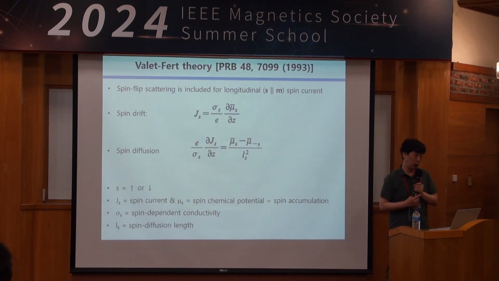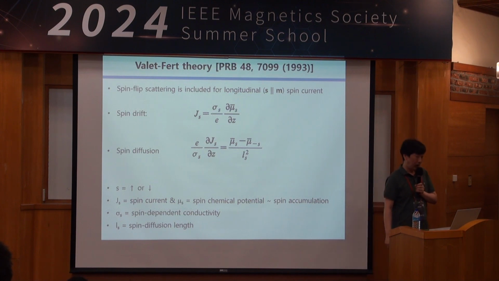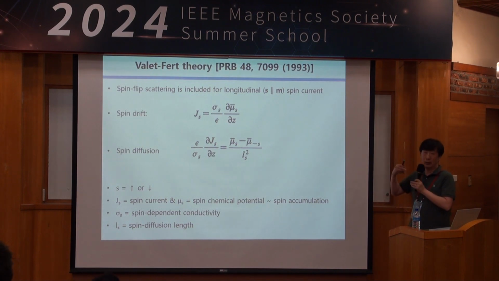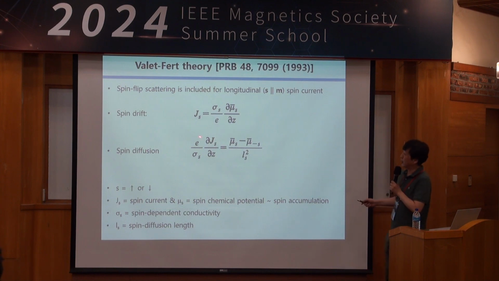Then you have to go to the Boltzmann type equation, including all this scattering. So Valet and Fert theory started from the Boltzmann equation and used several approximations and arrived at this drift diffusion equation. So in spin drift, the spin current is proportional to the spin conductivity and also the gradient of the spin chemical potential.